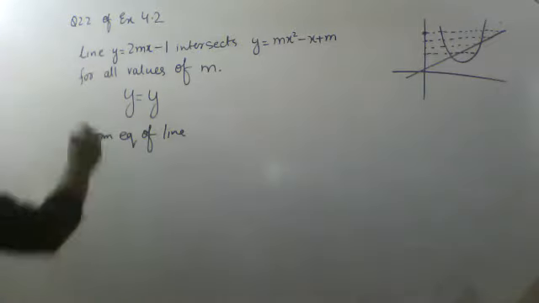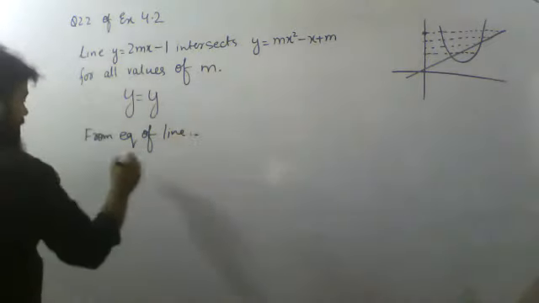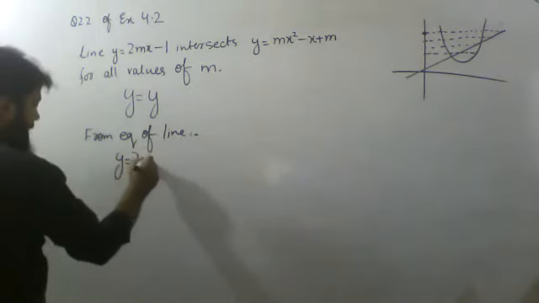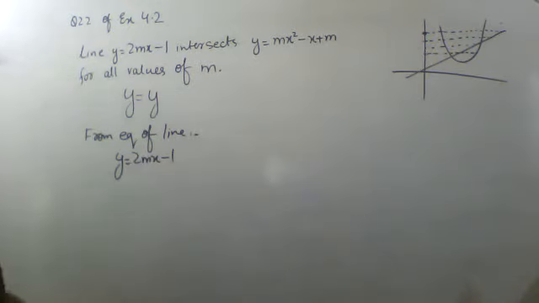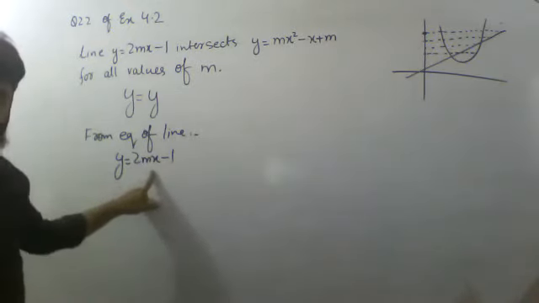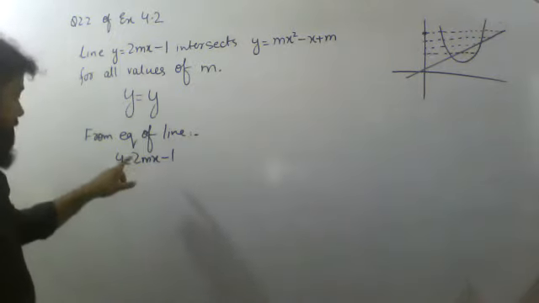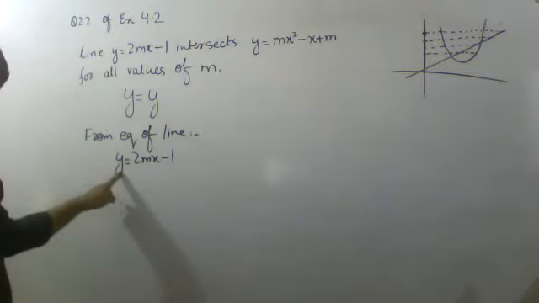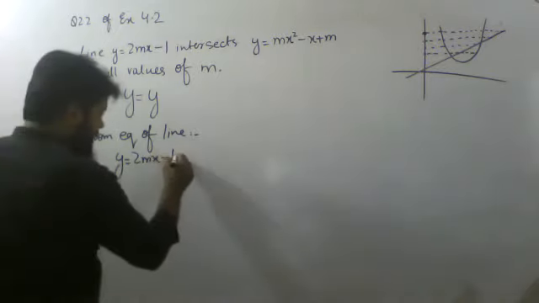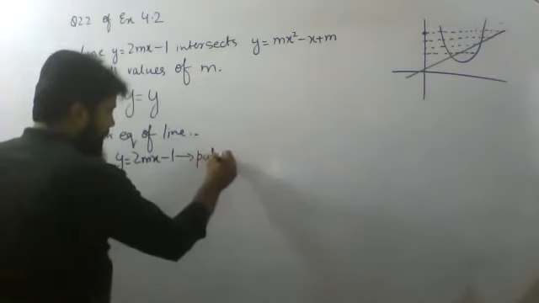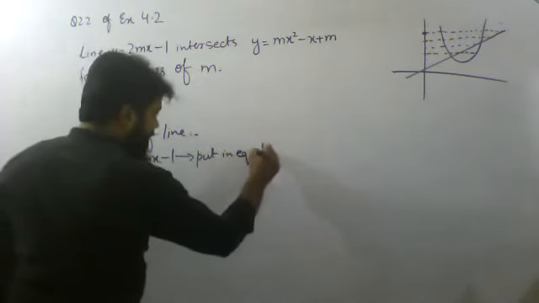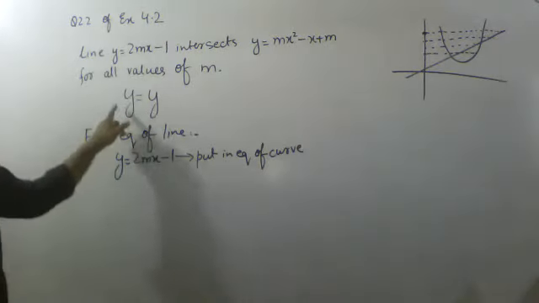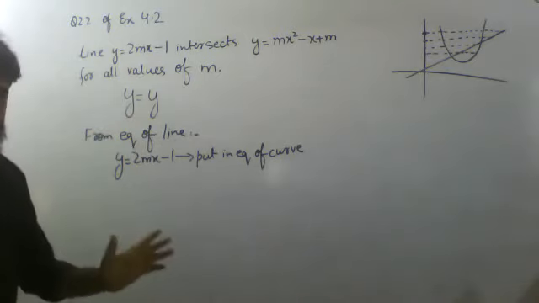Okay, so what is the equation of line? y equals 2mx minus 1. Over here y is already in the subject form, so I will directly put it in the equation of curve, because we know that the value of y for either line or curve will remain same.